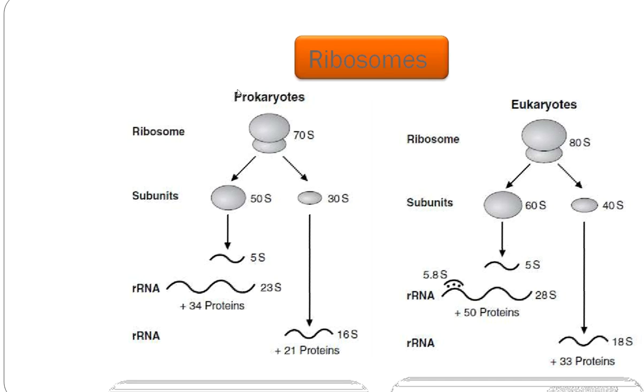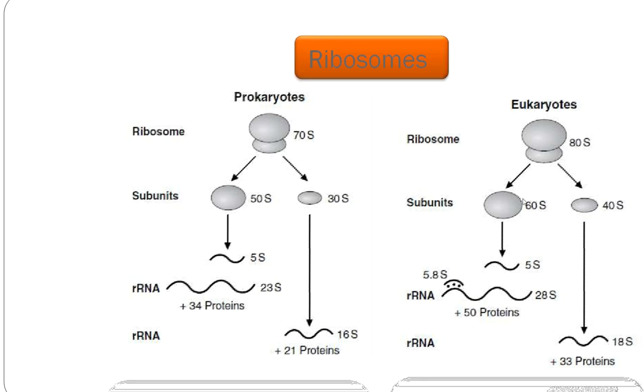Ribosomes in prokaryotes are 70S and in eukaryotes they are 80S, and they have two subunits, one larger and one smaller. In prokaryotes, the larger one is 50S and the smaller one is 30S, and in eukaryotes, the larger subunit is 60S and the smaller subunit is 40S.